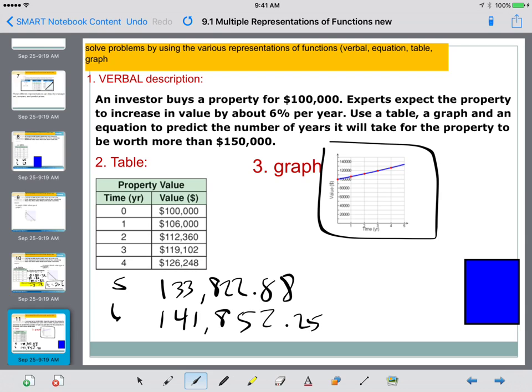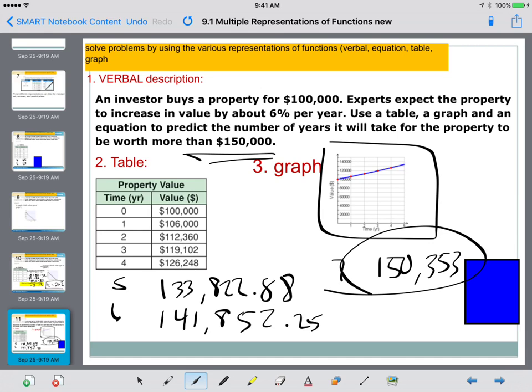Multiply that by 1.06. And in year 7, it is worth 150,353. So if I continue to fill up my table, I will find out that in year 7, so it takes 7 years for this property to be worth more than $150,000.